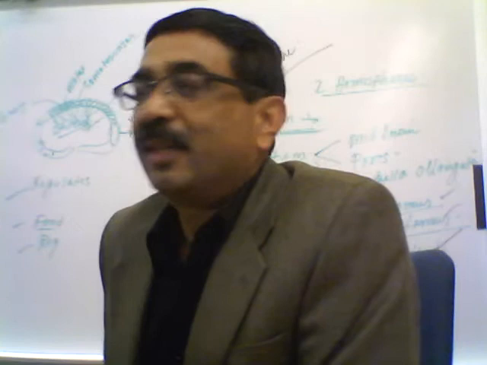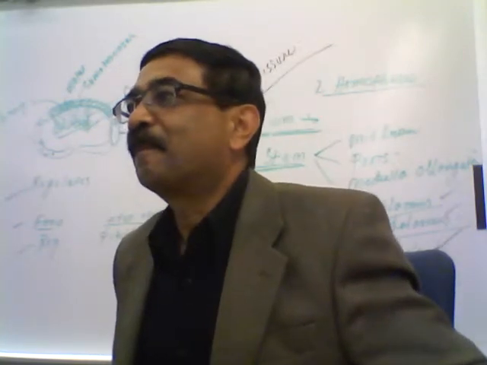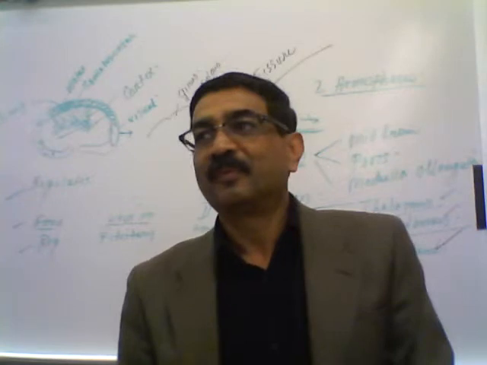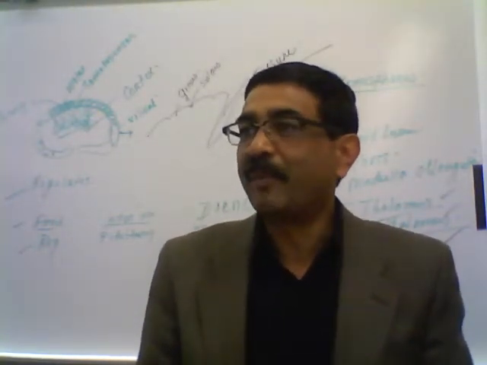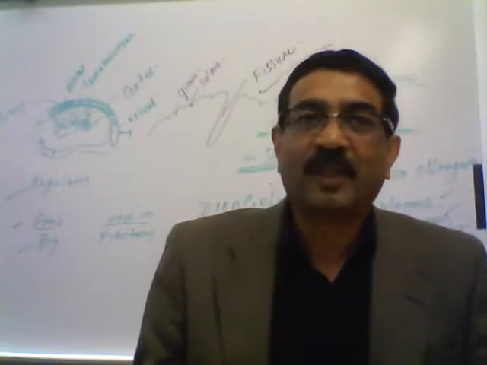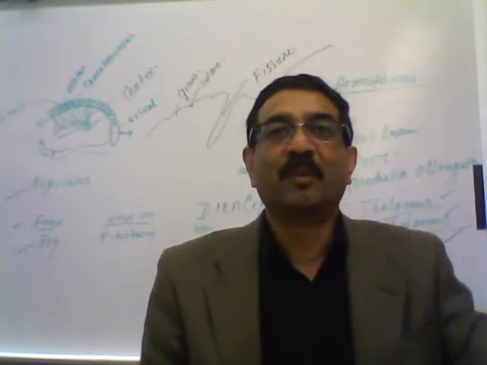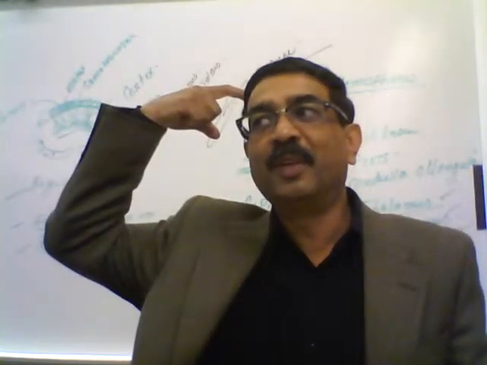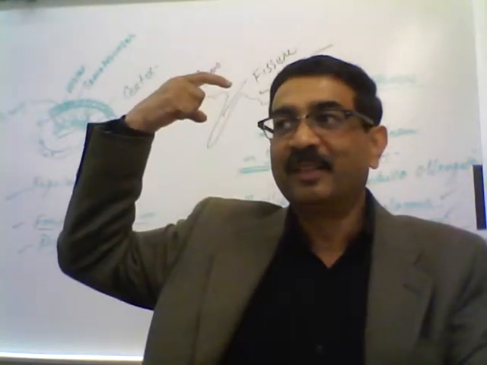Motor areas. Can you name a motor area? What are the motor areas? Precentral gyrus, right? That's the primary motor cortex, so that is a big motor area there. Anything else you think is motor? Just think that motor will get out from the brain, sensory will get in, right?